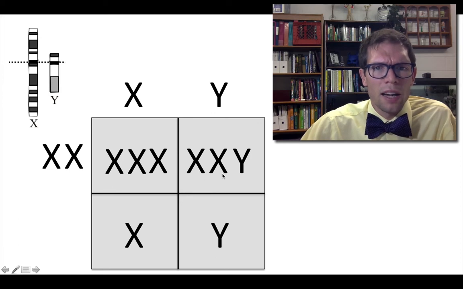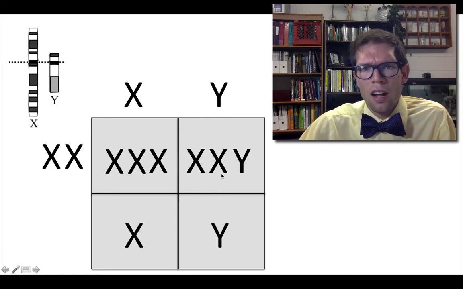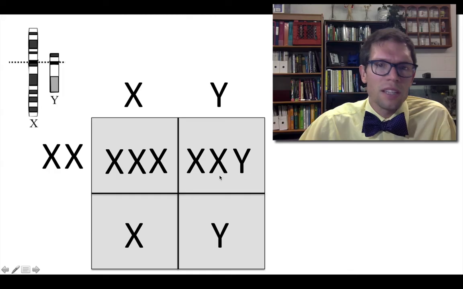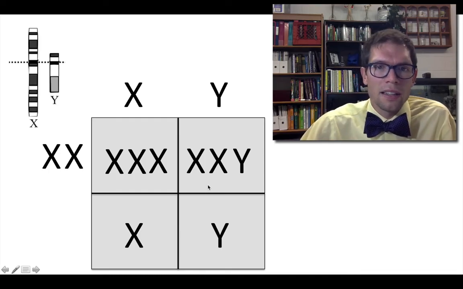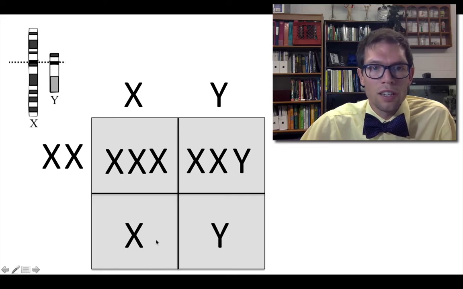Similarly with the X and Y chromosome, this is known as Klinefelter's syndrome. These individuals develop as males, but they do have slightly more feminine characteristics, but otherwise can pass in society as fairly normal individuals. This individual that's missing an X chromosome would develop Turner syndrome.